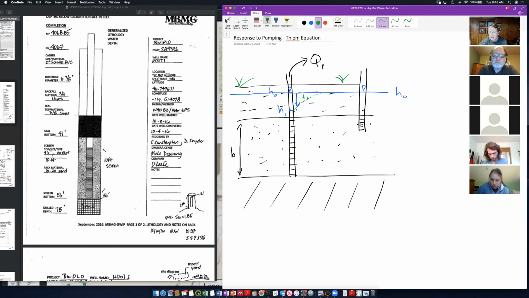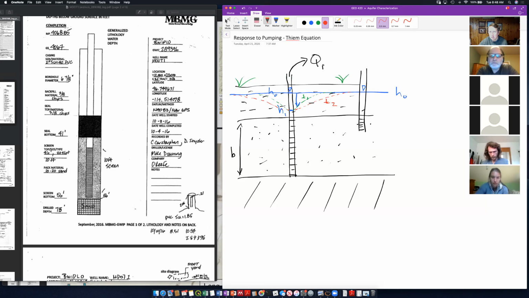All right. Sometime later, this water level change has propagated out into my aquifer some distance. And the longer I pump, the farther out this water level change will propagate out into my aquifer. So this might be time 2.